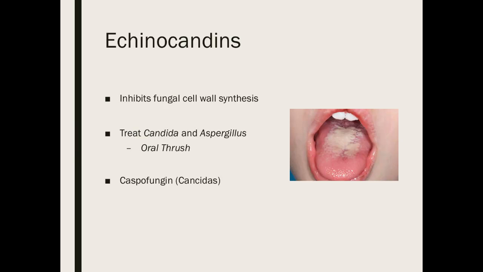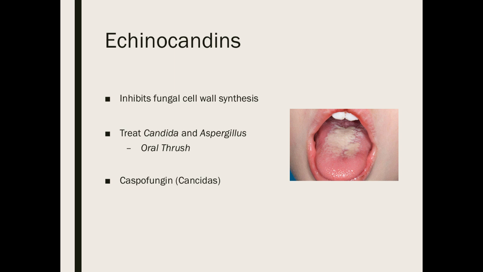Echinocandins treat aspergillus, especially oral thrush. If your patient has oral thrush, and we can see that here in this picture, it stands out to us when your patient opens his mouth and you see the tongue. It really stands out on that tongue there. That is all fungal growth. That's a fungal infection right there.